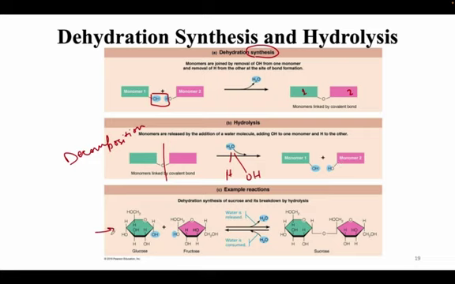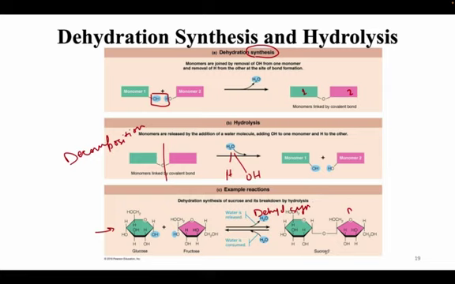Another example: you have glucose and fructose, they're combining, and if they produce something brand new like sucrose, that's synthesis, but in the process they will also lose a water molecule. So this is basically dehydration synthesis.